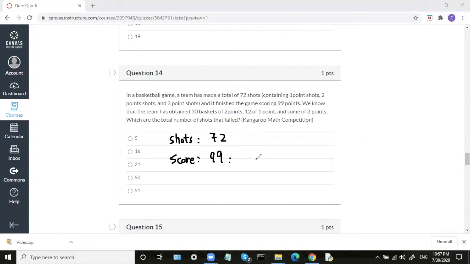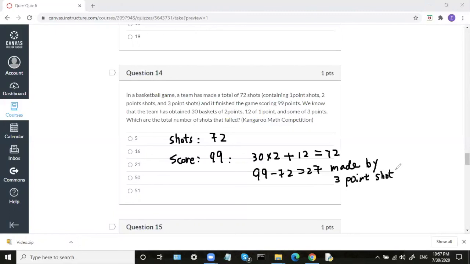So the score is 99, and we have 30 baskets of 2 points, which gives 60 points. And 12 of 1 point, so we have 12 points. Then we add up all these, it's 72. So 99 subtract 72 equals 27. So this has to all be made by 3-point shots.